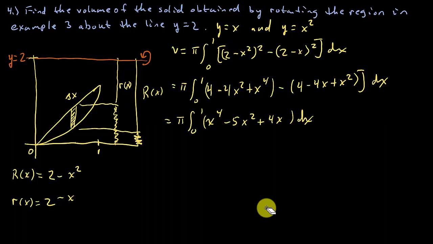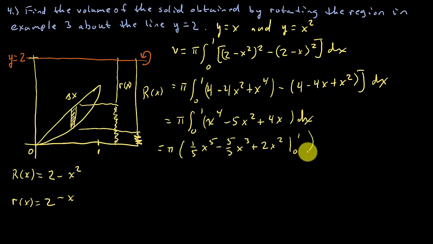Well, now let's integrate this thing. So I'm going to get pi times 1/5 x to the 5th minus 5/3 x cubed plus 2x squared, and that's from 0 to 1.